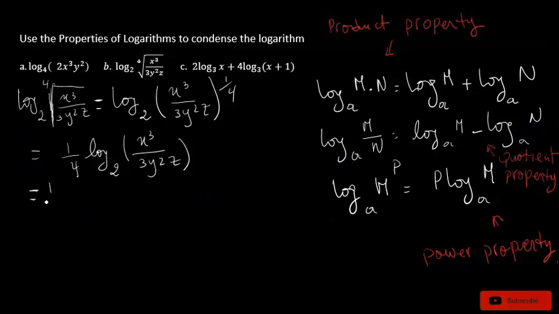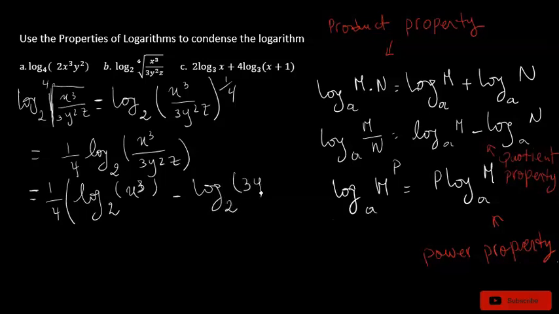It's going to be 1 over 4 log base 2 of x cubed, and I'm going to write parentheses here, minus log base 2 of 3y squared z. Now I have to use the product property again, because I have a product in the second term.